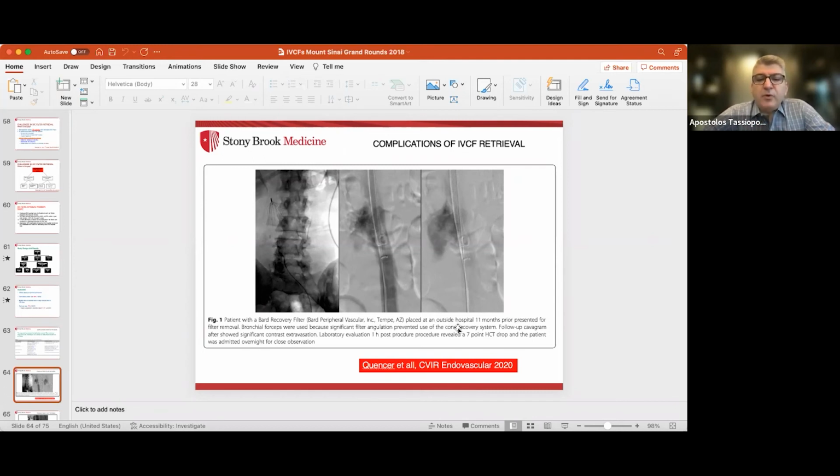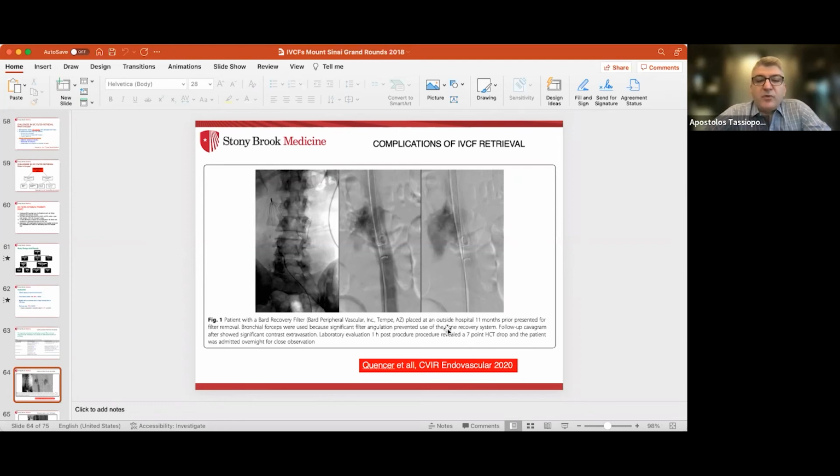So a couple of the types of complications, if you can follow me along here in the pictures. This patient had the filter for about 11 months. They used bronchial forceps to grab the filter, but the filter angulation was such that they could not use the retrieval device. That's why they used the forceps.